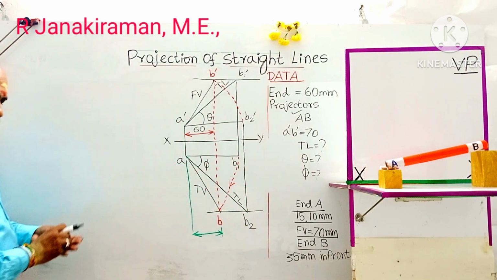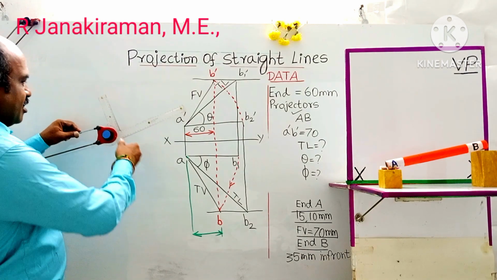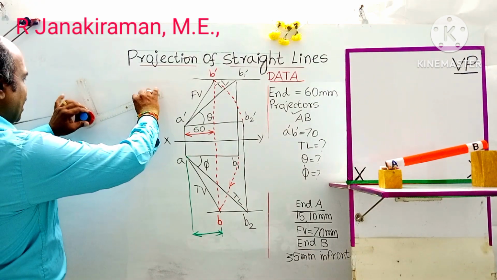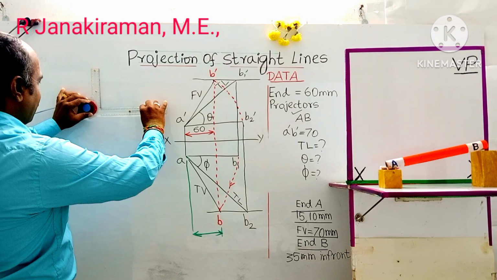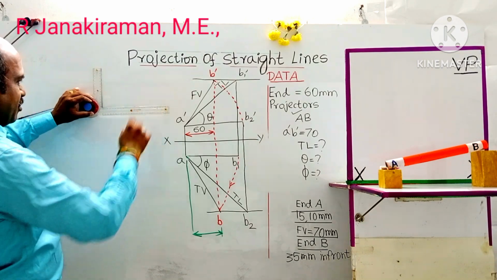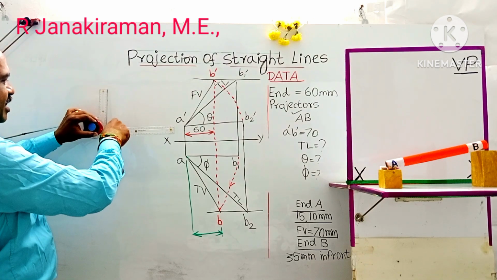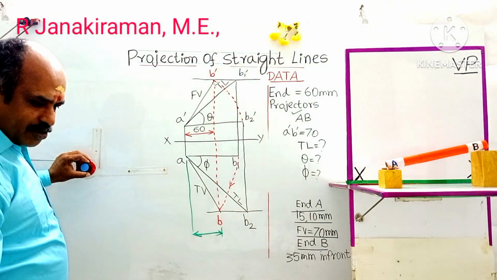So take your drafter scale, set it to 0 degree, horizontal. The longer scale must be horizontal. Release your drafter scale, rotate it anticlockwise, and set it with the edge of your drawing sheet. This has to be perfectly horizontal, and this perfectly vertical, at a 90 degree angle.